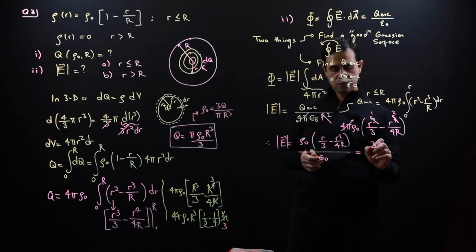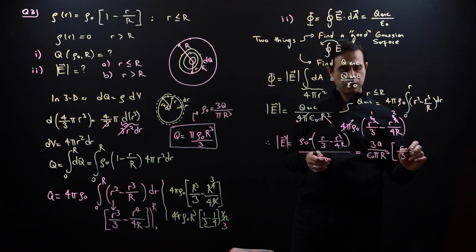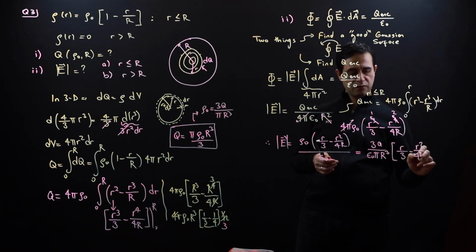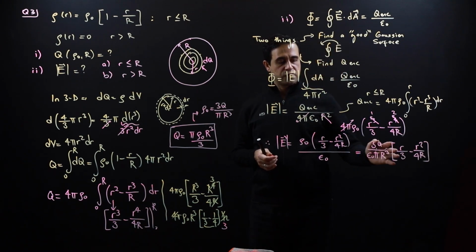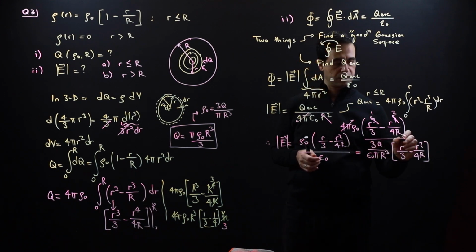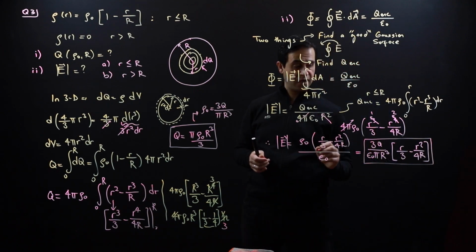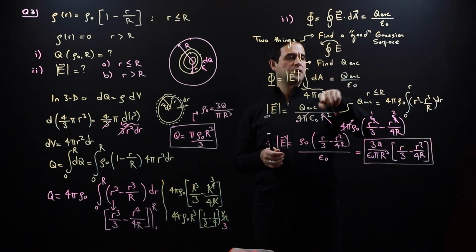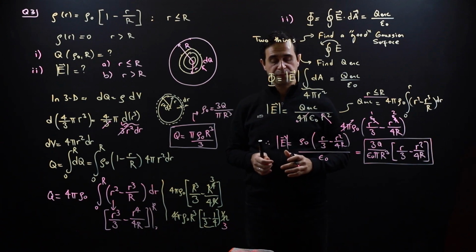That's 3Q divided by pi times capital R cubed, and let's put epsilon 0 here, multiplied by r over 3 minus r squared divided by 4R. Okay? So it's either this form or that form. Okay, so that's the answer for the electric field. And obviously, again, this is true when small r is less than or equal to capital R, okay?